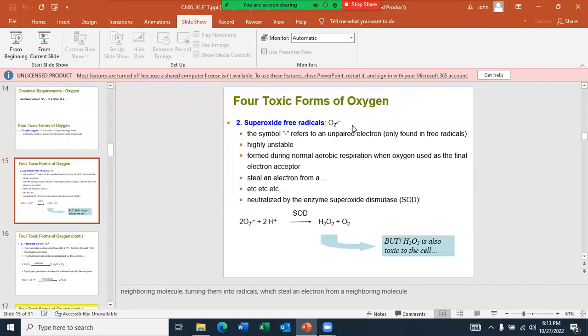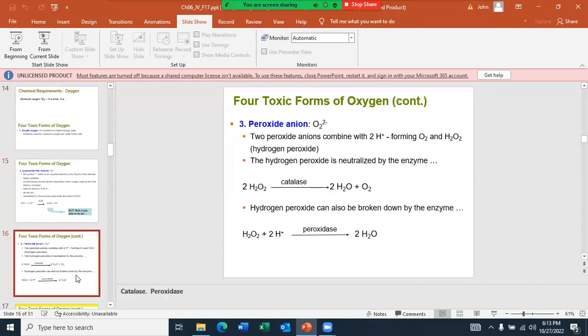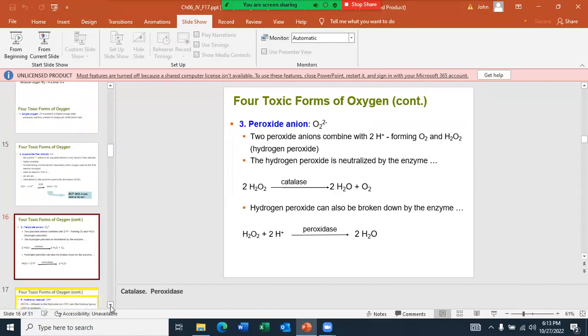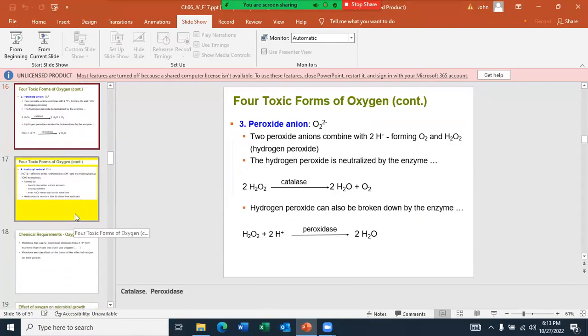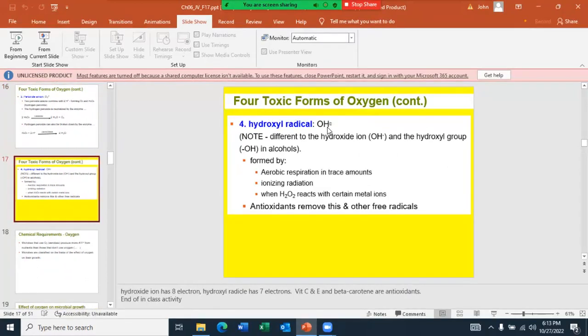So it is similar in that it has a negative charge. But the hydroxide ion has 2 electrons making it not a free radical, while the hydroxyl radical has an unpaired electron. And this is different from hydroxide ion or from an alcohol.